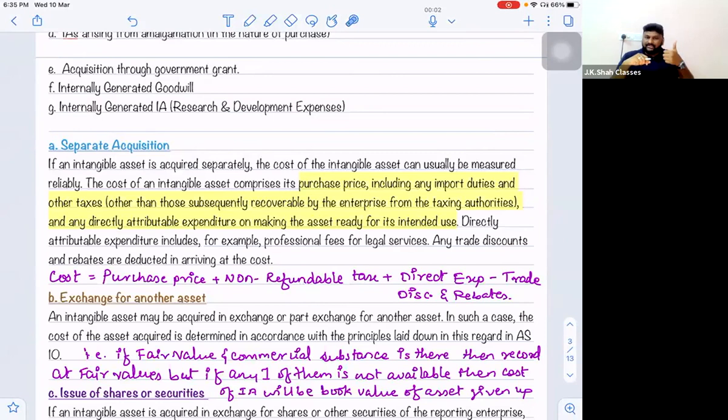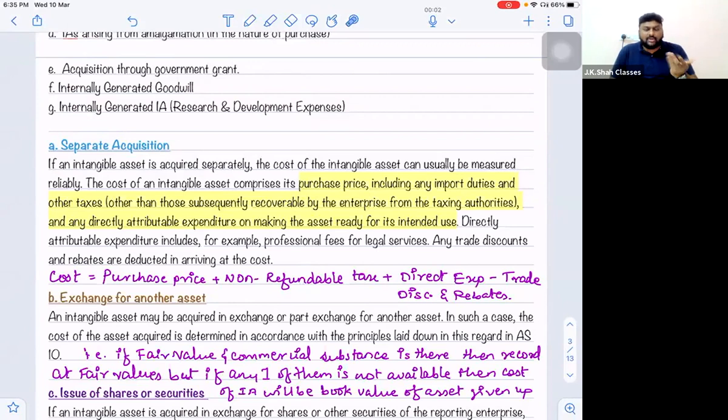So that 5,000 plus whatever copyright fees you are paying to the government, plus the cost incurred to write the book, because that is also the cost incurred for acquiring the copyright. So all these things will be added together to form the cost of copyright.